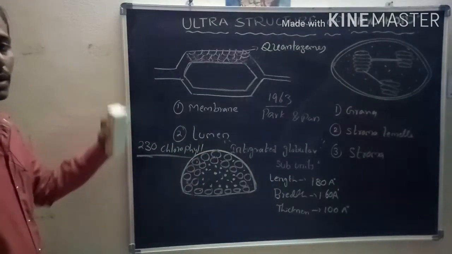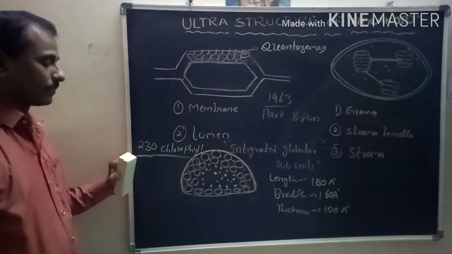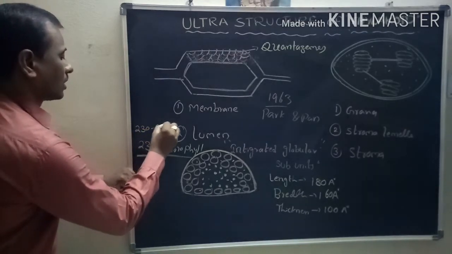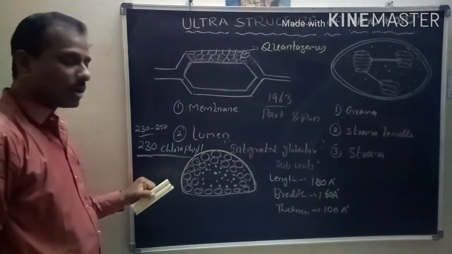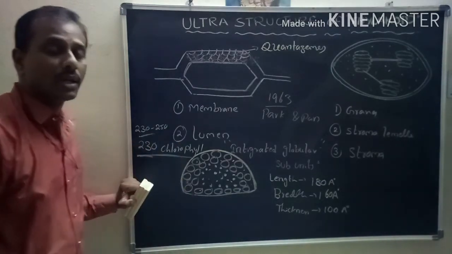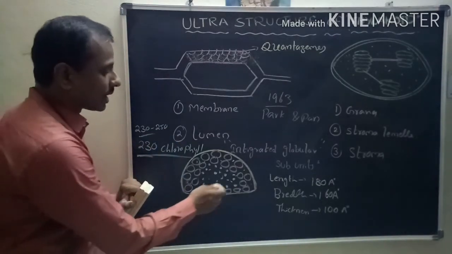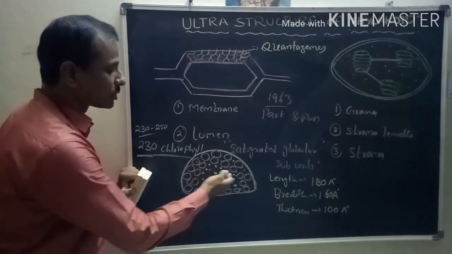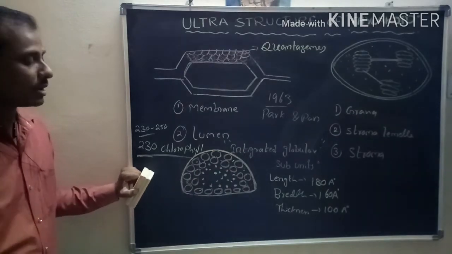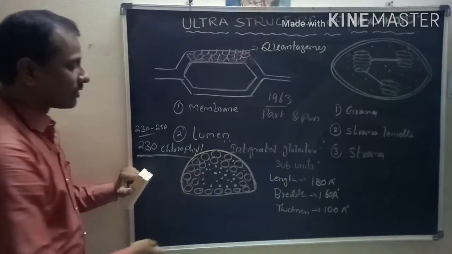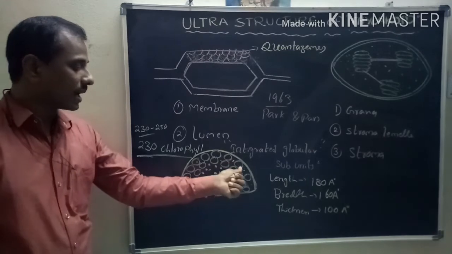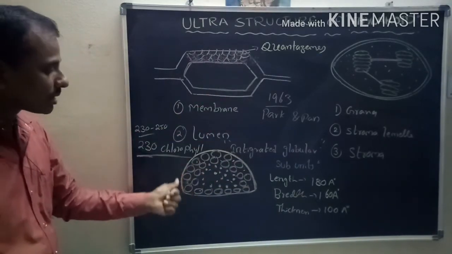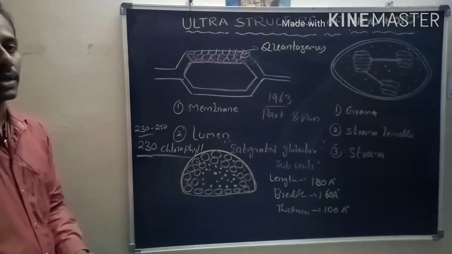In a single quantasome, 230 to 250 chlorophyll pigments are present, and the remaining other pigments, carotenoids, phycobilins, enzymes, proteins and other materials are also present. With the help of these proteins and pigments, the light reaction takes place. So this is about the structure of the quantasome.